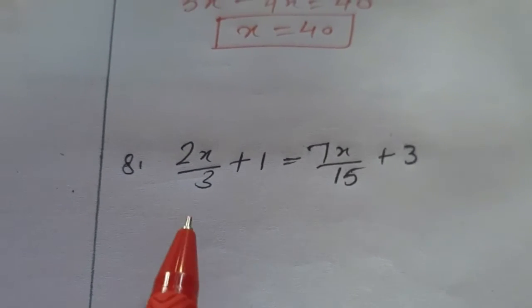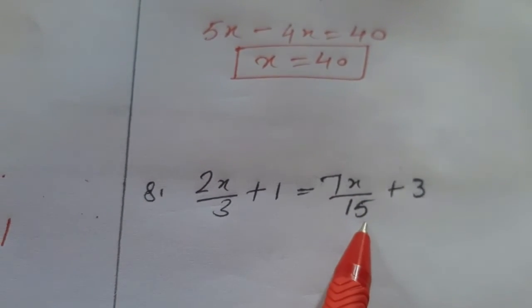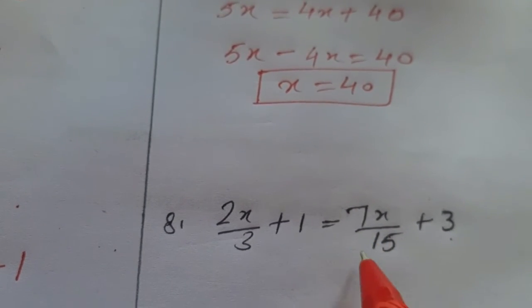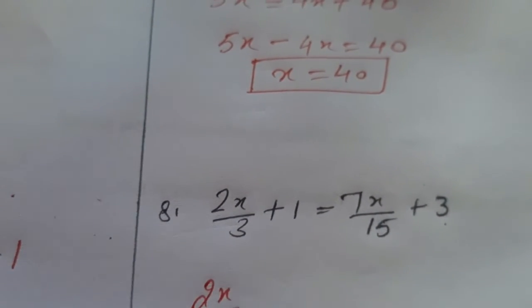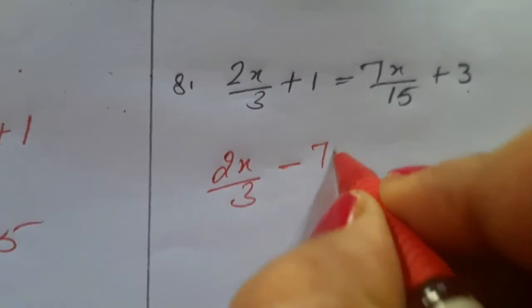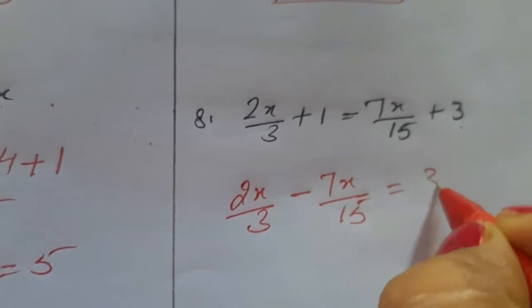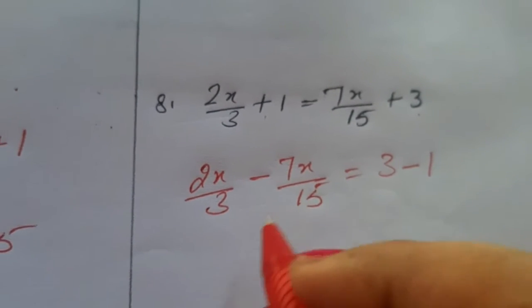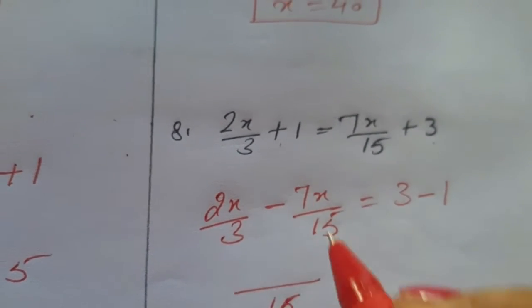Next is 2x by 3 plus 1 is equal to 7x by 15 plus 3. So first of all what we have to do, we will transpose this number to the left side. 2x by 3 minus 7x by 15 is equal to 3. 1 will be transposed to the right side. Let us take the LCM. LCM will be 15.